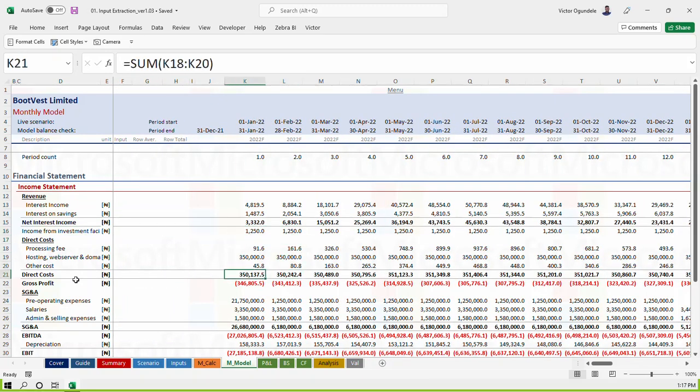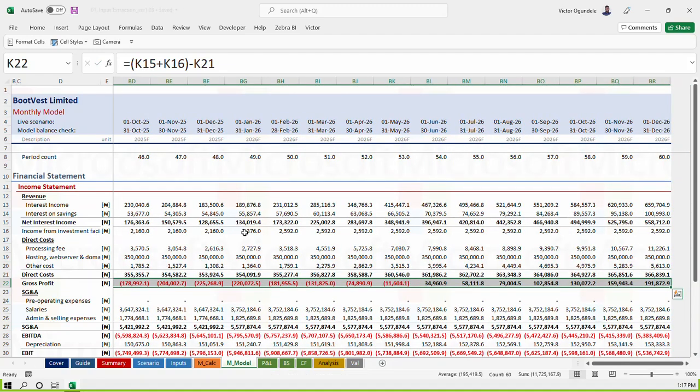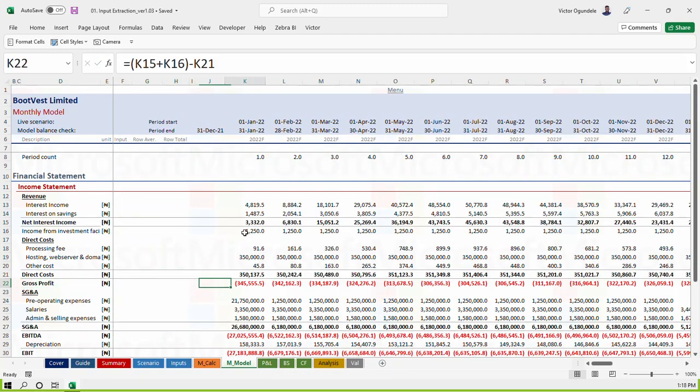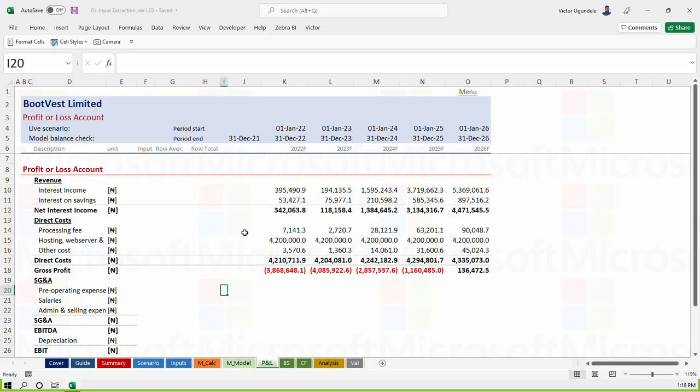Then our gross profit will now be the main interest income plus the income from investment minus this. So now profit.